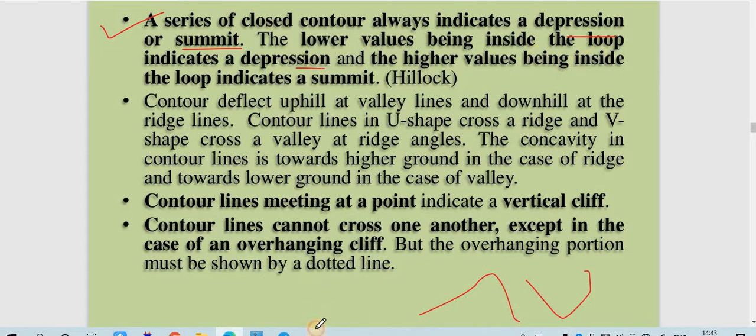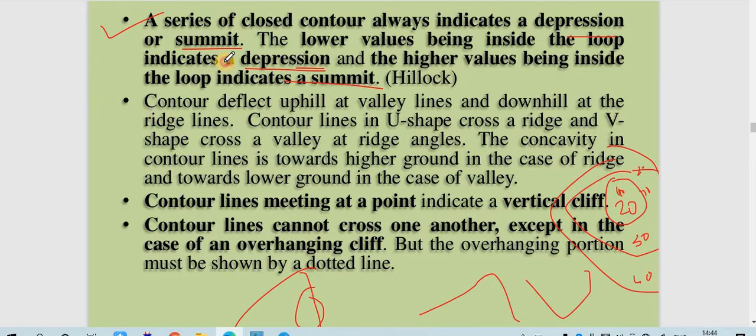Suppose this is your contour line, and the lower value is inside, suppose this is 20, this is 30, what is this indicating? That it is a depression. And if the higher values are inside, suppose this is 40, this is 30, and this is 10, 20, that means it is indicating a summit or a hill.